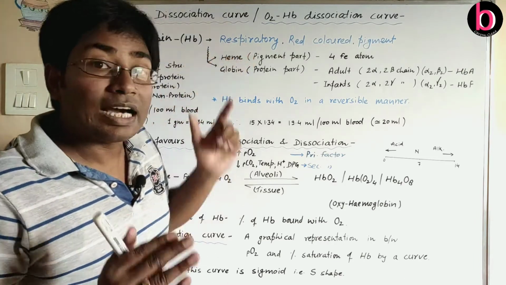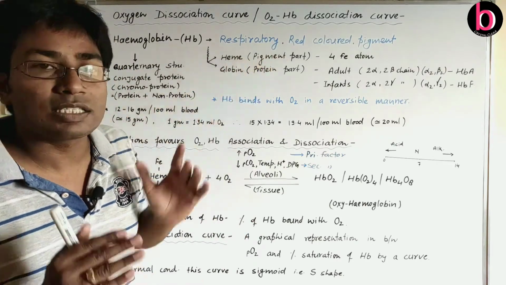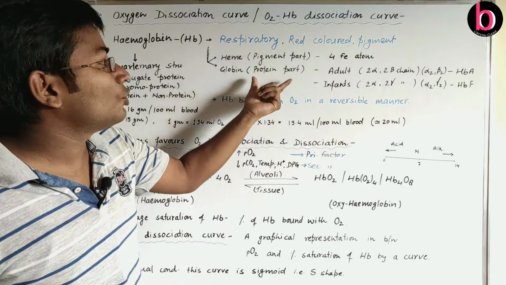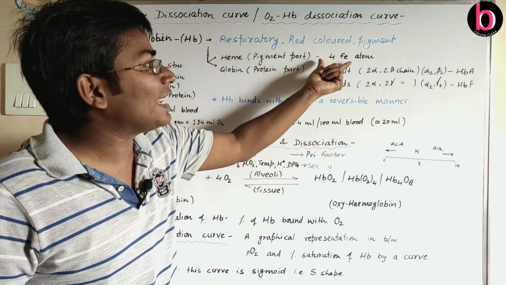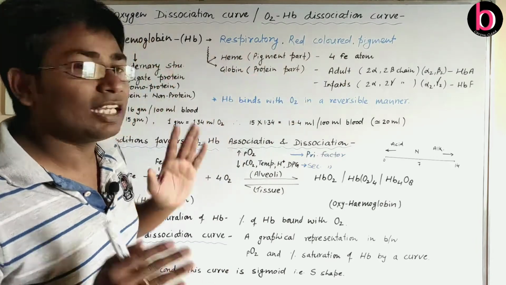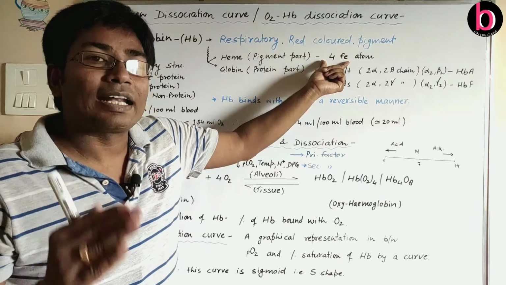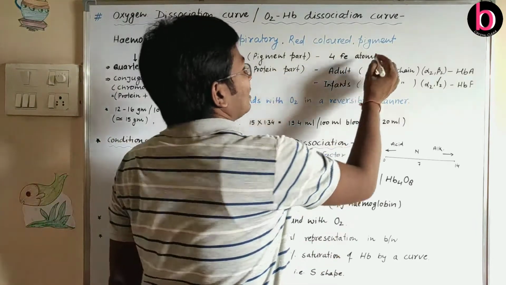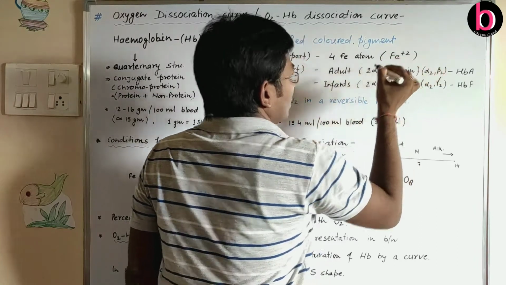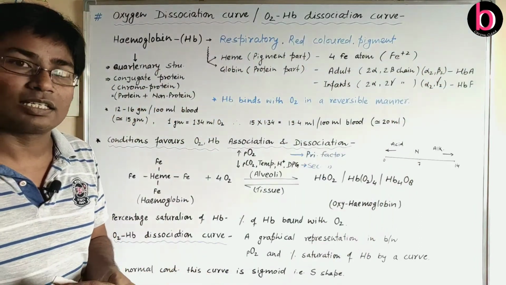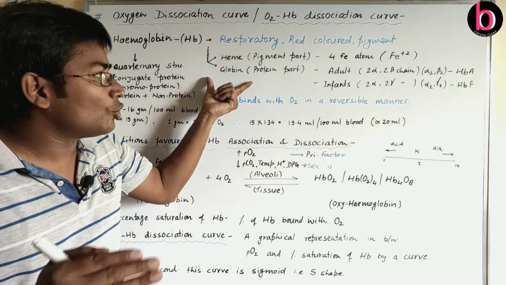How many iron elements are there in a single hemoglobin? A single hemoglobin carries 4 iron elements, present in the form of Fe+2, the ferrous state. That is very important.